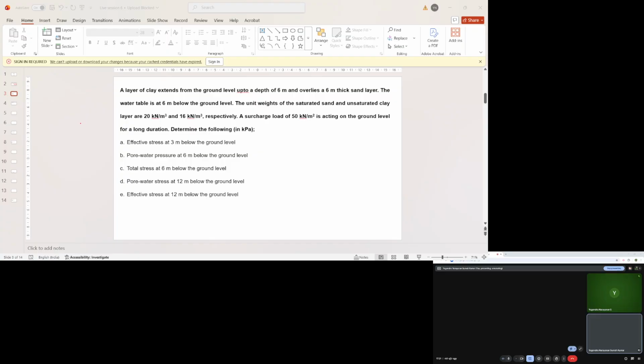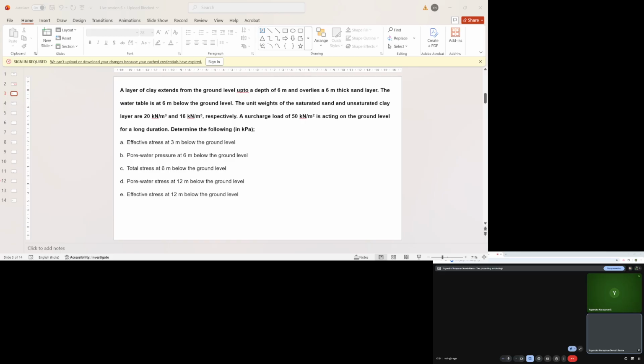Pore water pressure at 6 meters below the ground level. Here we are given that the water table is at 6 meters below the ground level.